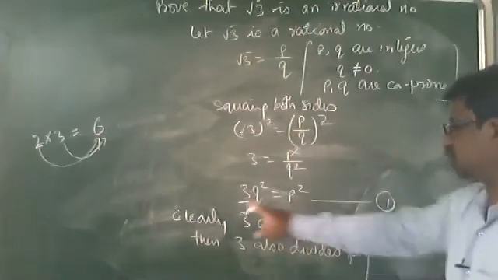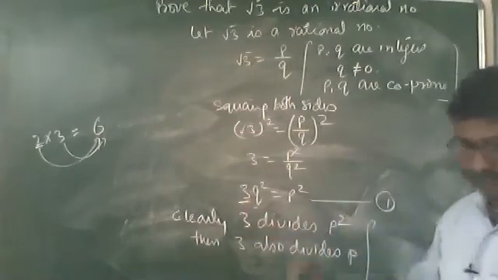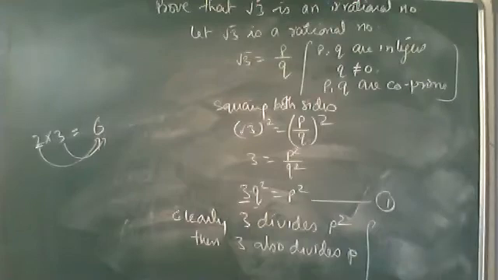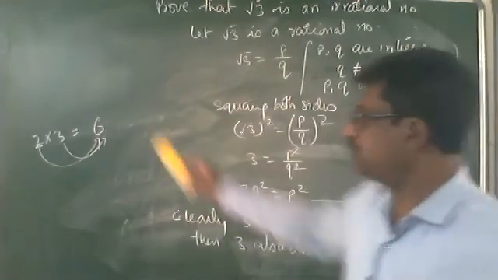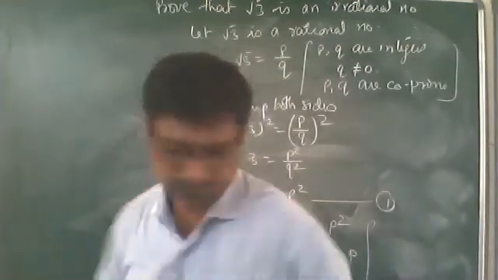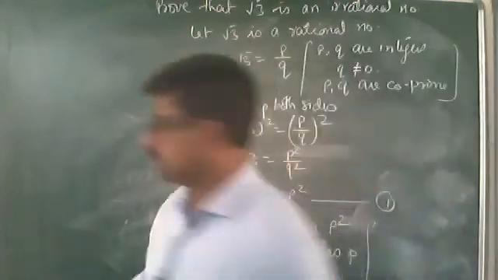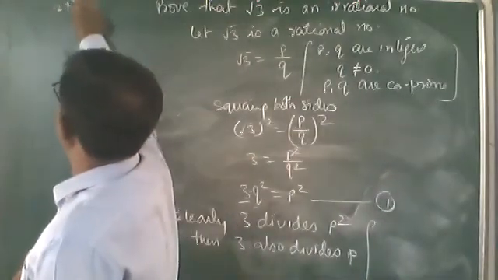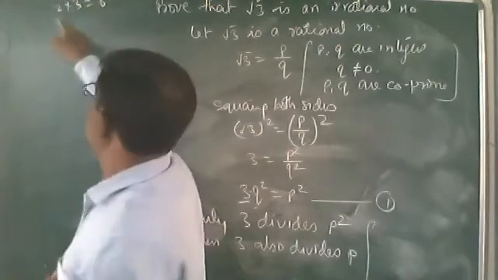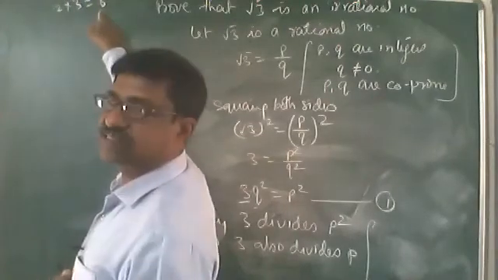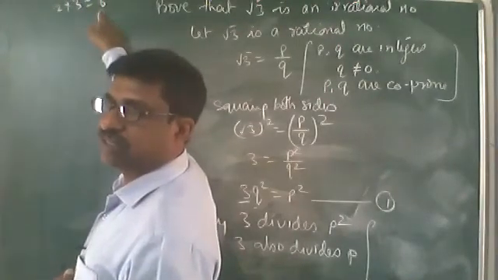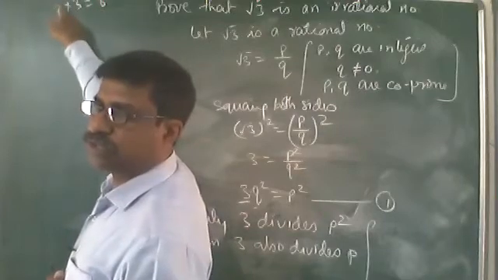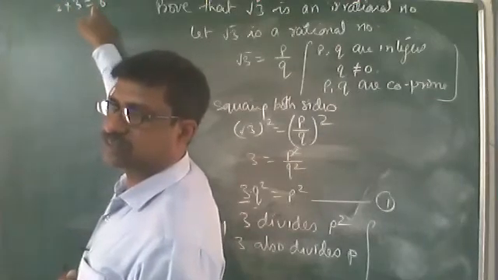3 divides p square, then 3 divides p. If 3 is dividing p, just as 2 into 3 equal to 6, if 3 divides 6, then we can write 2 into 3 equal to 6.